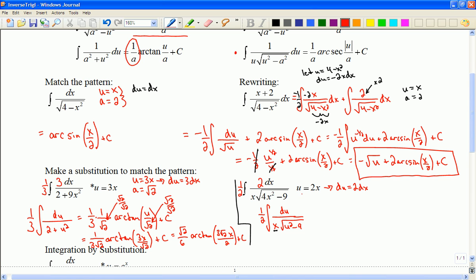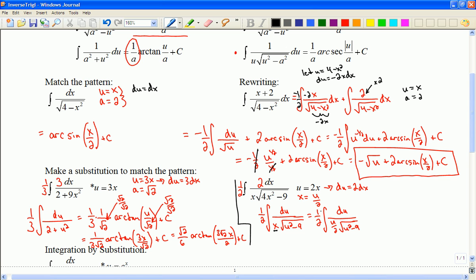So what I'm going to do is just solve it like you would in one of our substitution questions, so I can substitute in the value of u instead of x. So this will be 1/2 the integral of du over u over 2 root u squared minus 9.